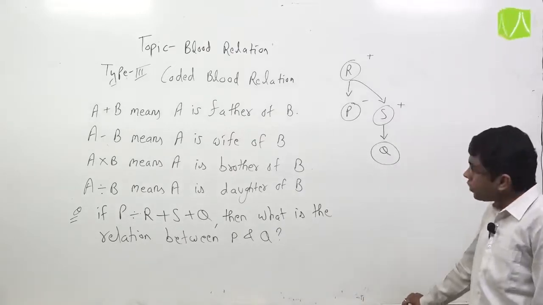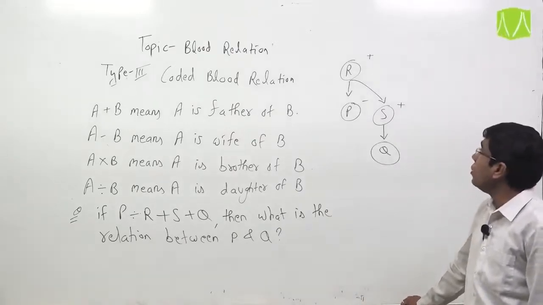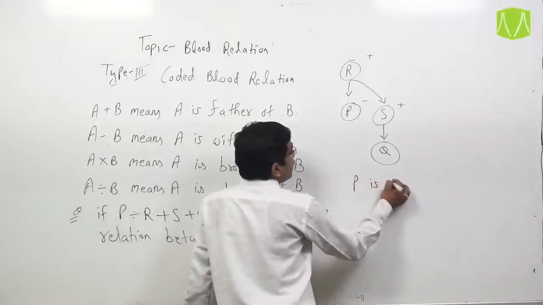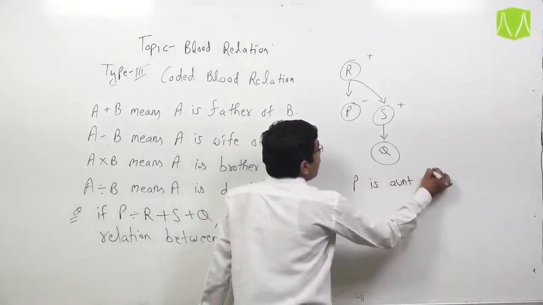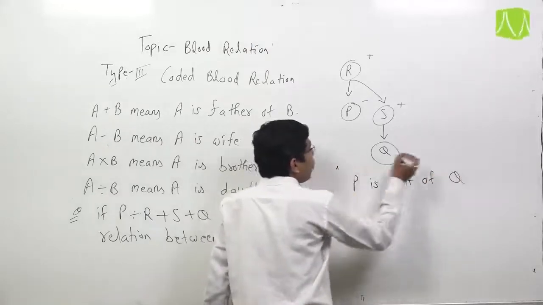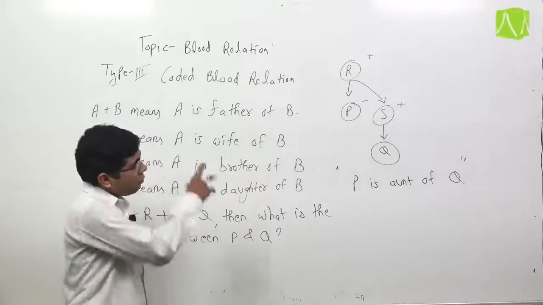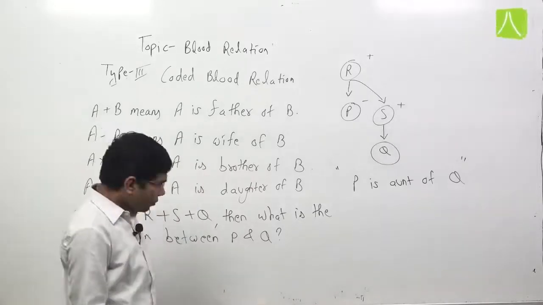Now, what is the relation between P and Q? We can easily say that according to the diagram, P is aunt of Q.